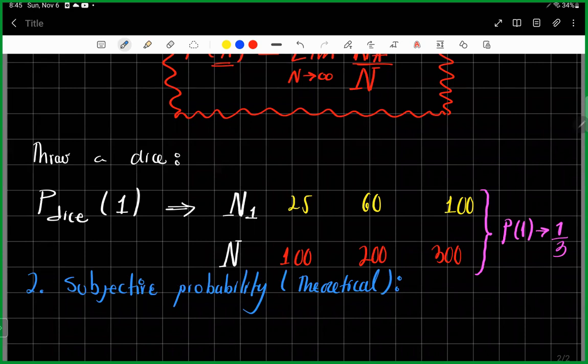So we can do some stuff here, and what we're going to do is the following.